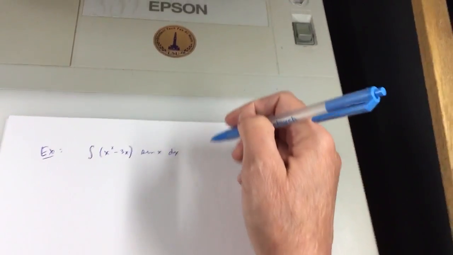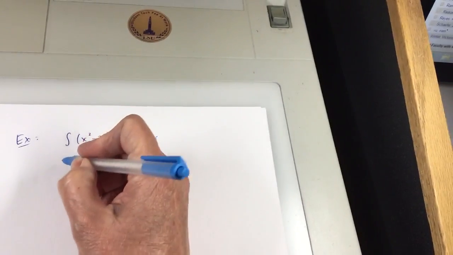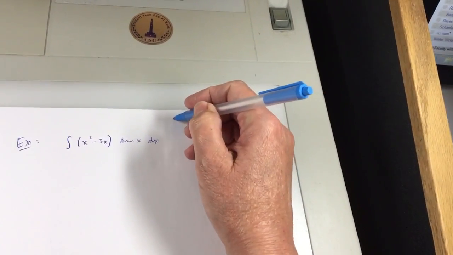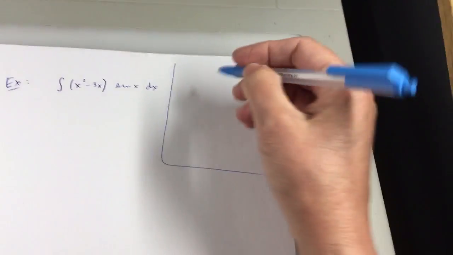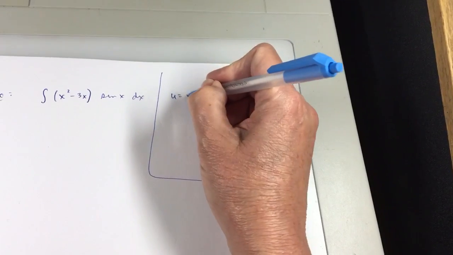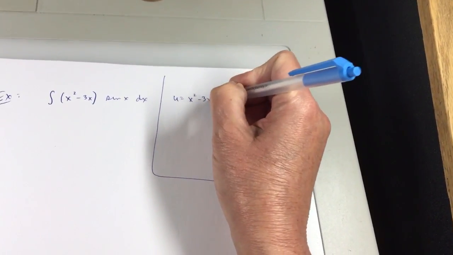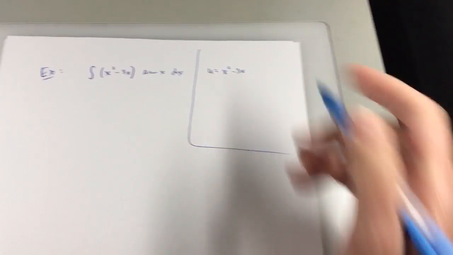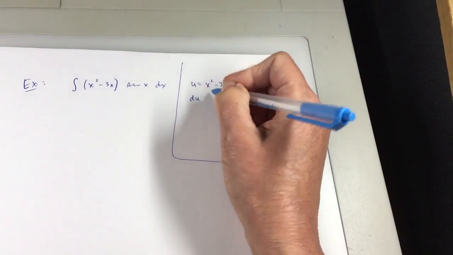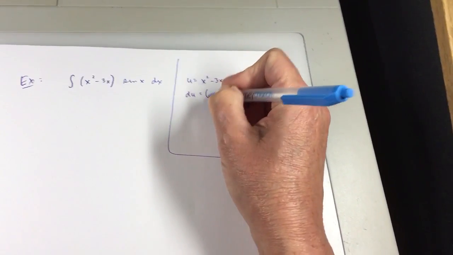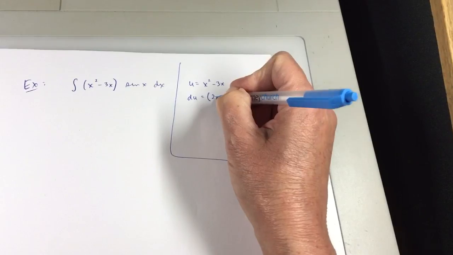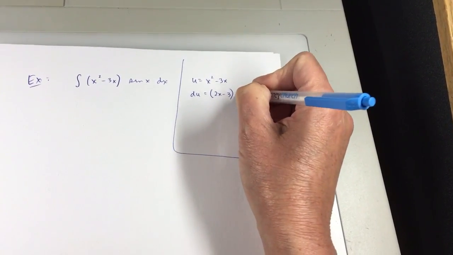So let's do that. I like to put it on the side, so I'm going to put it on the side. So u is x squared minus 3x. du will be 2x minus 3 dx.